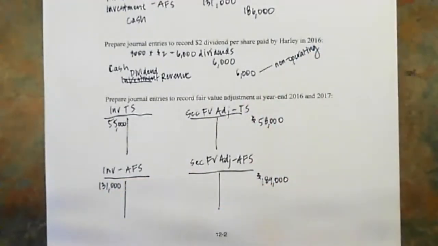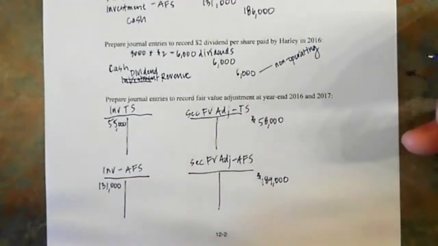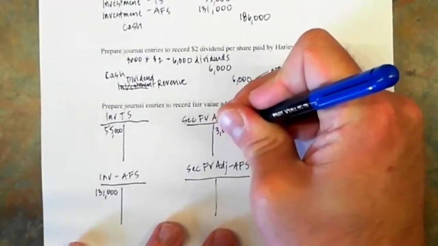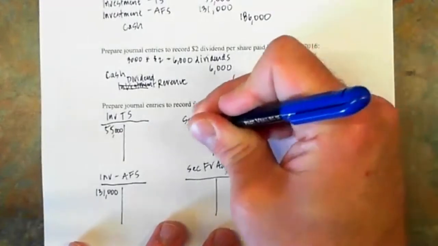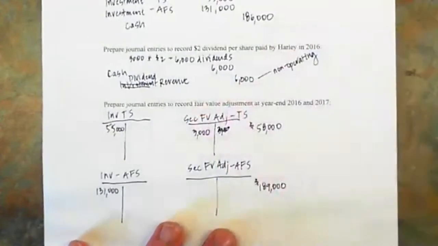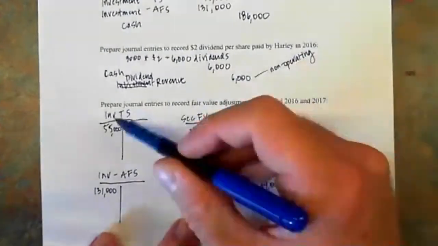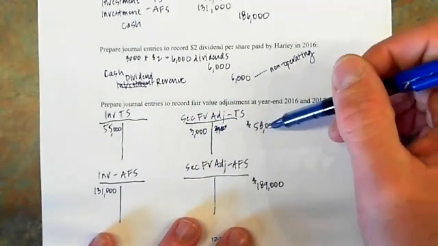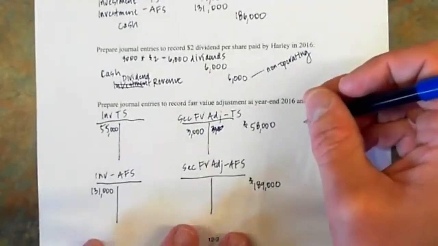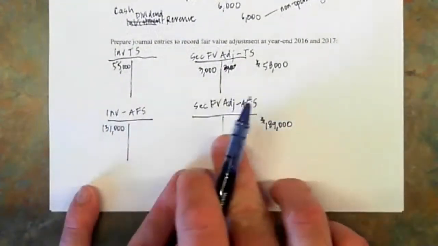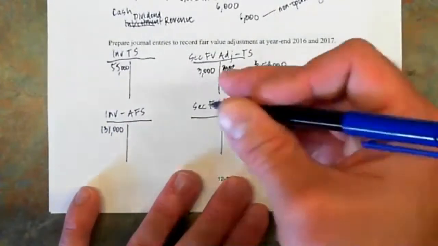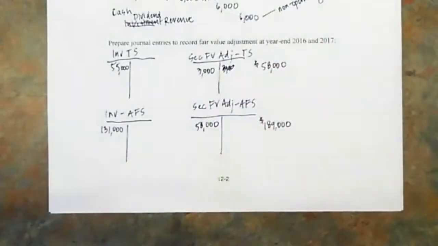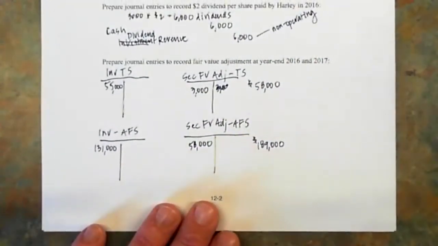So in order to get there, you ask yourself, what adjustment do I need to make? Well, you would make a $3,000 adjustment for your trading security, right? $55,000 plus its adjunct account gives me $58,000 overall. And over here, I'd want to make another positive adjustment, in this case, a $58,000 positive adjustment to my security fair value AFS.